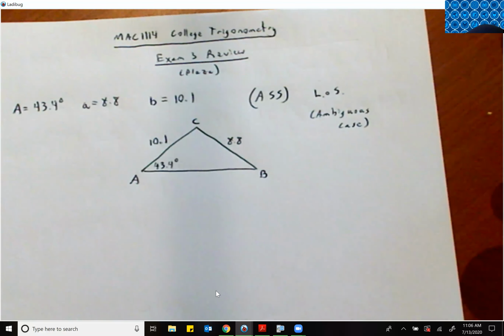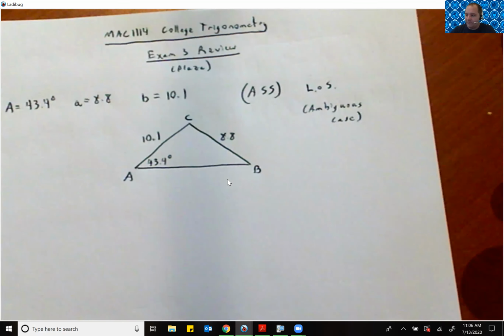So how do we deal with this? Well, the first thing that you guys are going to do in the ambiguous case is find the missing angle for B. Okay? So we're going to find B right here first.